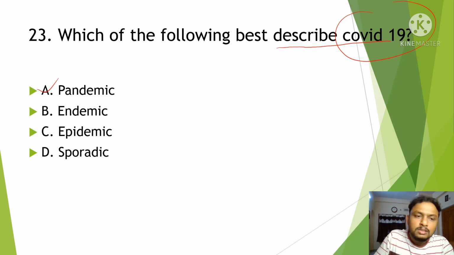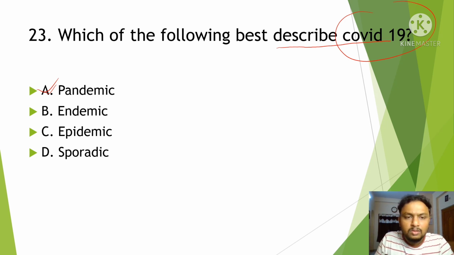So what is a pandemic? What is endemic? What is epidemic? What is sporadic? Pandemic means if a disease is spreading across the entire world at a time, a sudden outburst in more than 2 geographical areas.